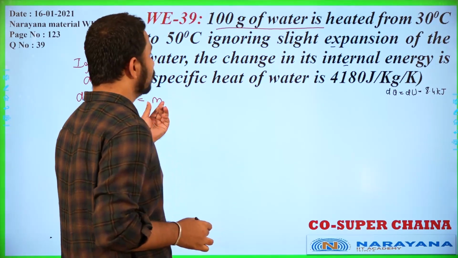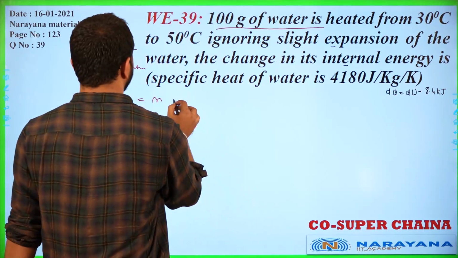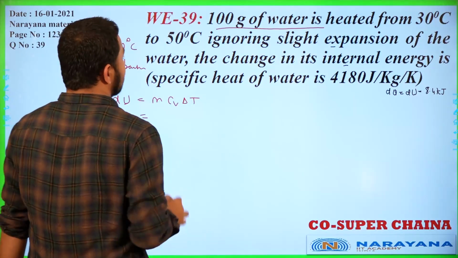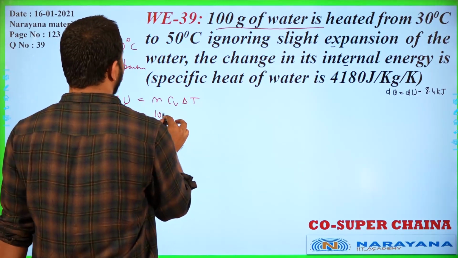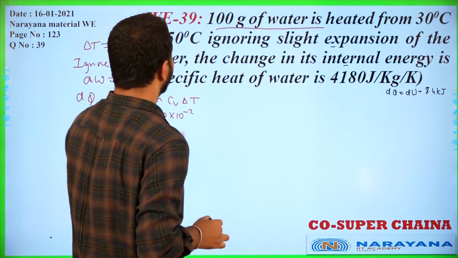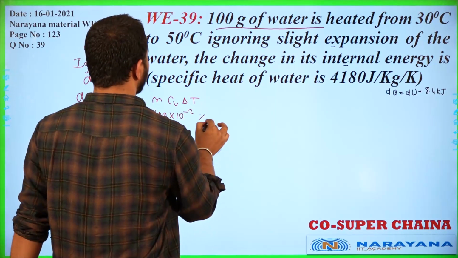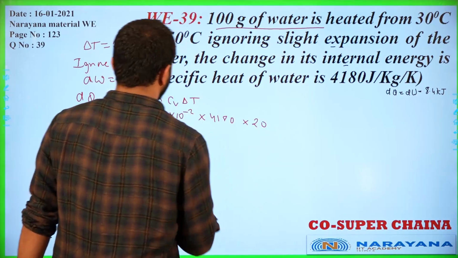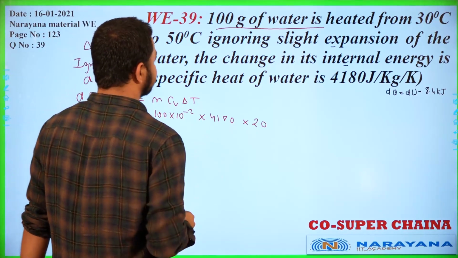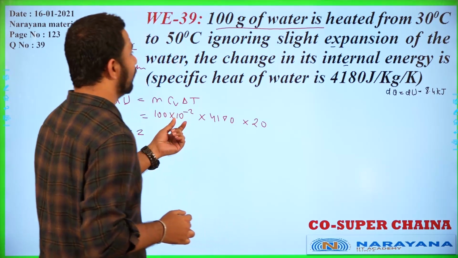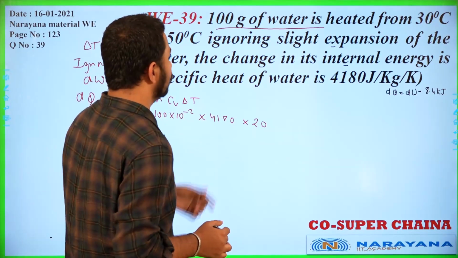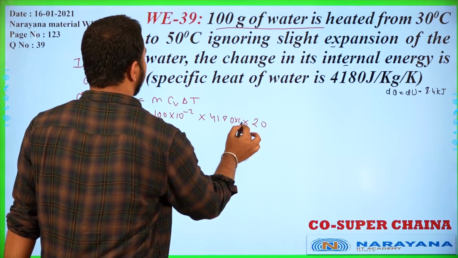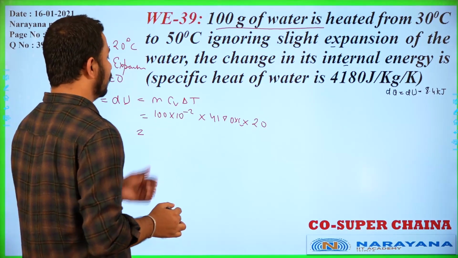Just substitute the values here. This is 100 gram, so 100 into 10 to power minus 2, use 4182 into delta T, which is given as 20. Here we'll use R by gamma minus 1 for Cv.